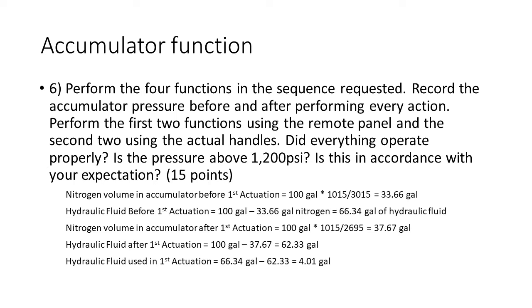of hydraulic fluid. After we perform the function, the pressure drops to 2680. Now again we'll calculate the nitrogen volume. That's 1015, that's pre-charge plus atmosphere, divided by 2695. That's the 2680 plus atmosphere.